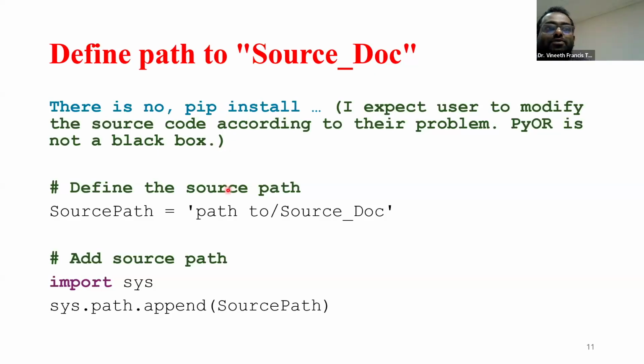So what you will do, you will download the PyOR source folder and define a path. Then you use this Python module and this command to append this path. So when you run a PyOR script using Visual Studio Code, Python will automatically look into the source code and do the simulation.